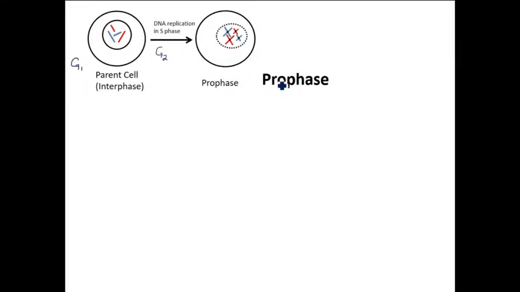Prophase is the first part of mitosis. In prophase, the chromosomes condense. When you're looking at a real cell in interphase, the nucleus is just a squiggly mess of chromosomes. You can't see individual ones. But as the cell moves into prophase, the chromosomes start to condense.